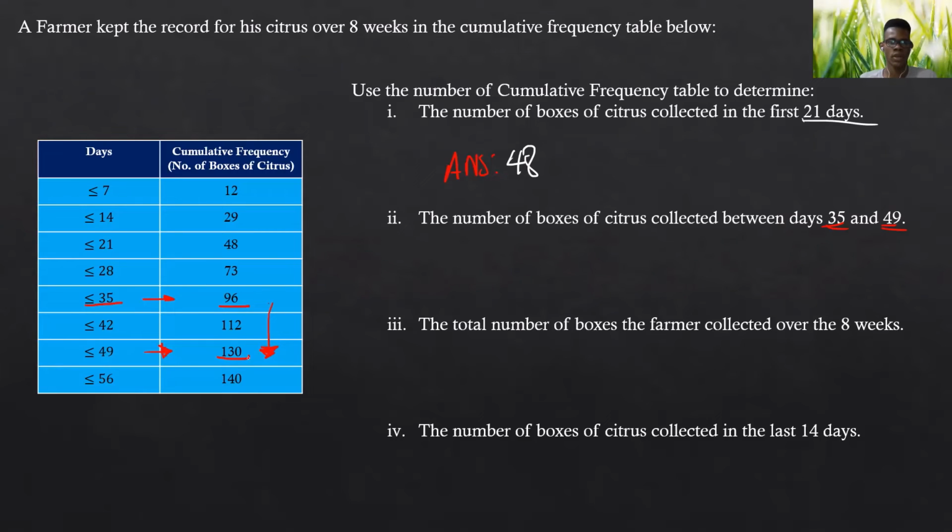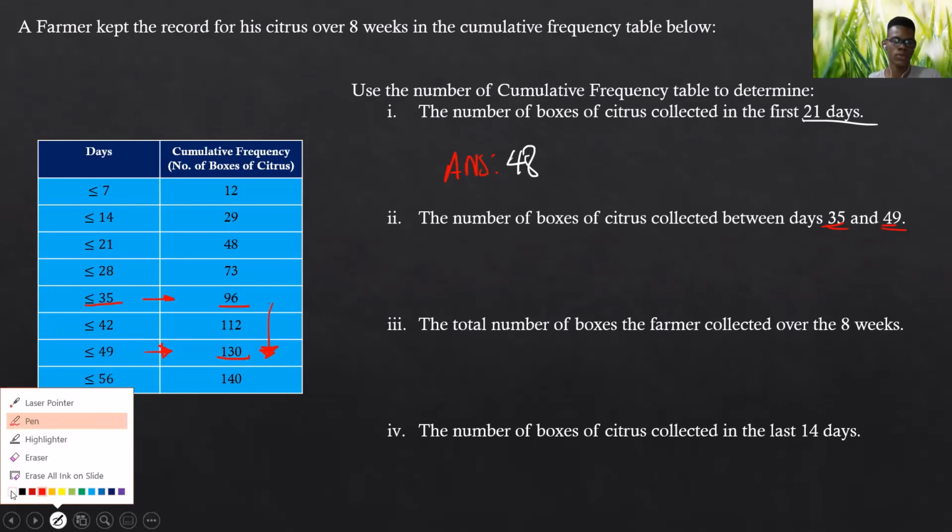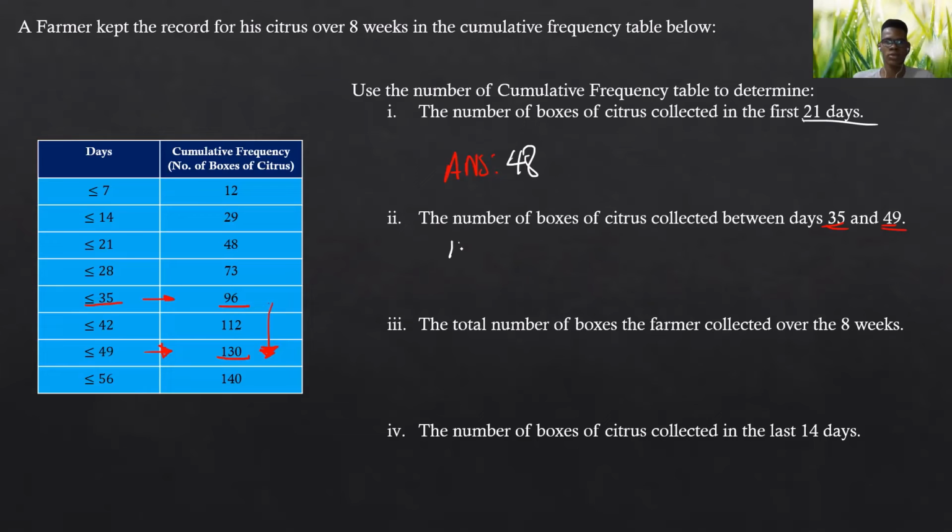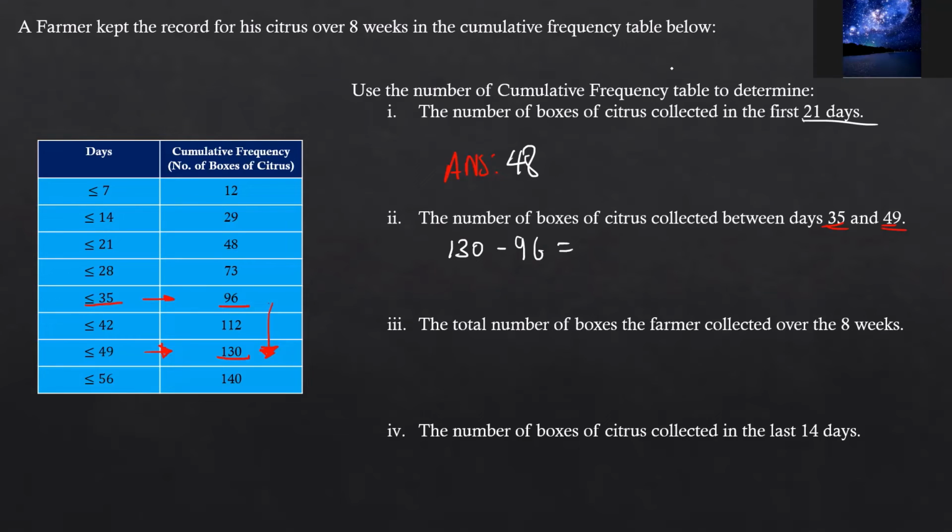What is the accumulation between days 35 and 49? It is the difference between the two cumulative frequencies, right? Of course we don't want negative, so you subtract the smaller number from the larger number. So 130 minus 96 will leave us with 34. 34. I see some students are jumping ahead, but yes, that's what you do.